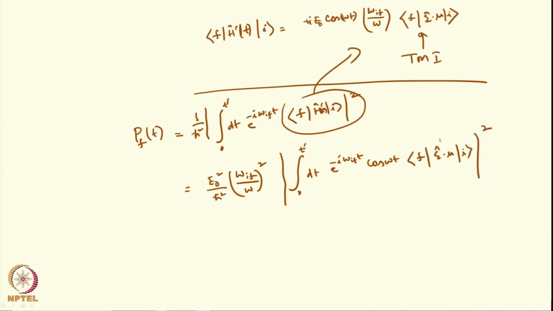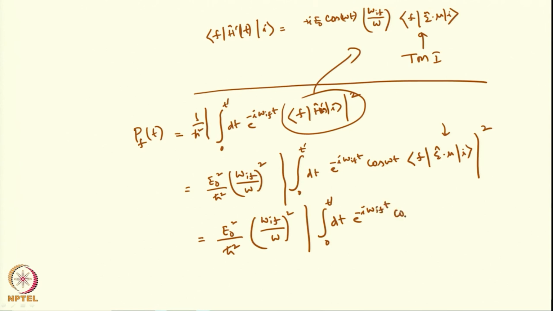Now this is an integral that does not involve time, and this is an integral over time, so I can separate it out as two integrals. So this is nothing but E naught square by h bar square, omega_fi by omega square, integral 0 to t prime dt e to the power of minus i omega_fi t cos omega t, times the square of f epsilon dot mu i.